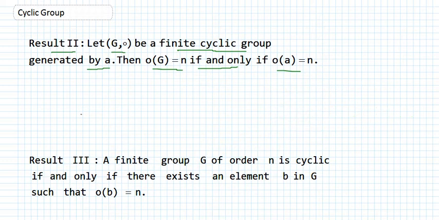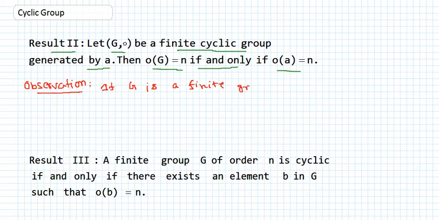So here is the observation: if G is a finite group with n elements, that means order of G is n.